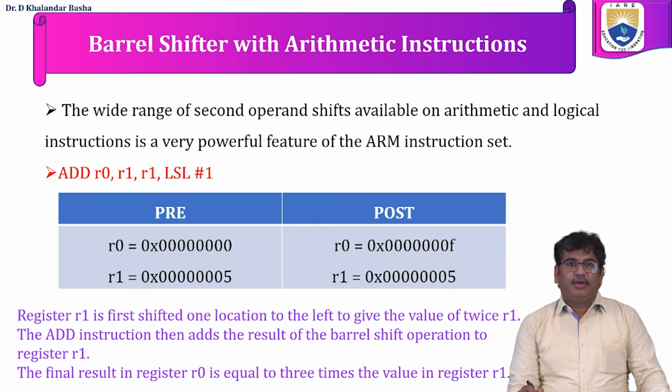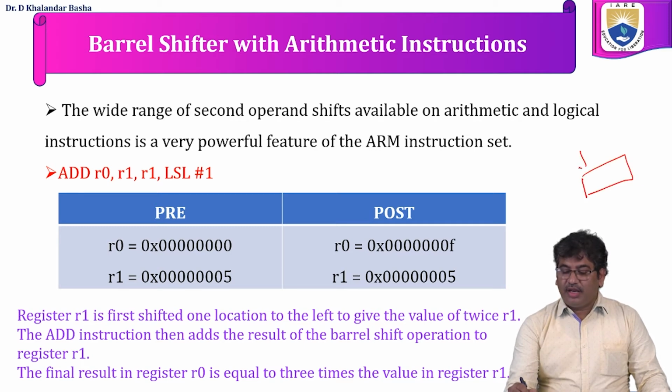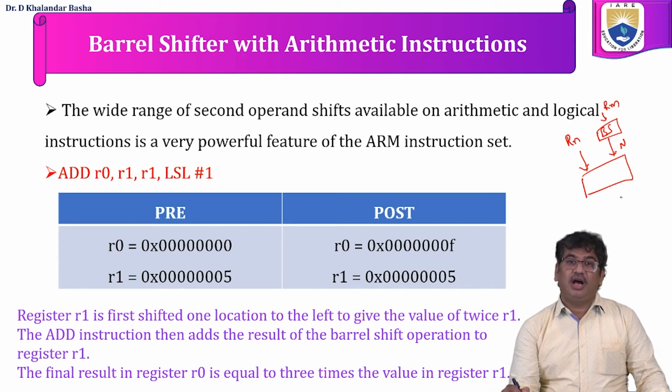Now we will see the instructions, the variation with respect to the barrel shift operation. For the ALU, one data we are directly sending to the instruction in Rn. The second one, N, we are placing through some operations performed by the barrel shifter. The input for this one is some register Rm.